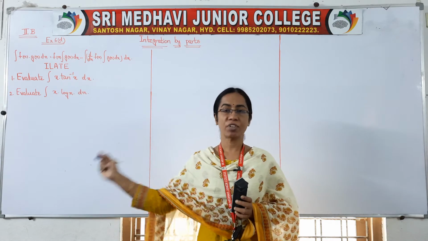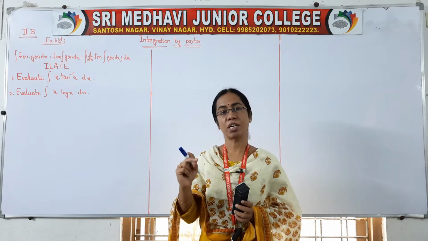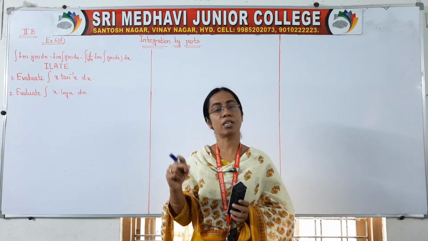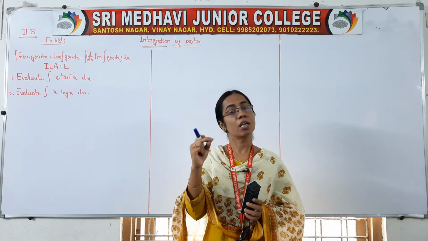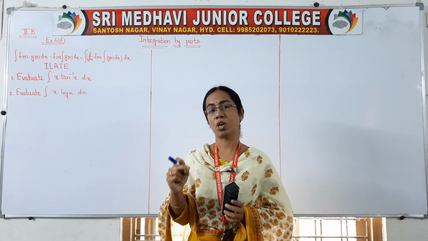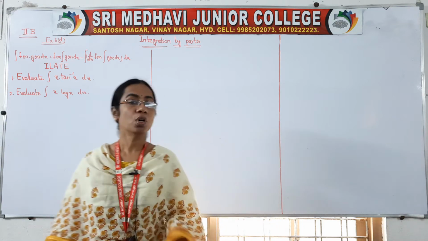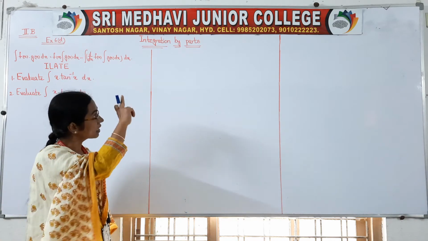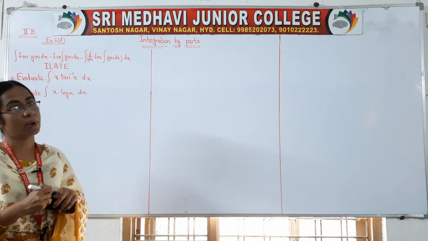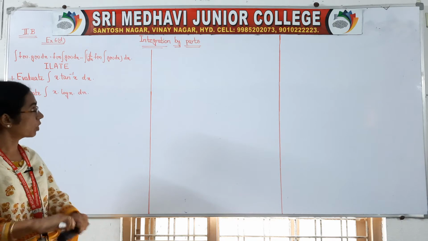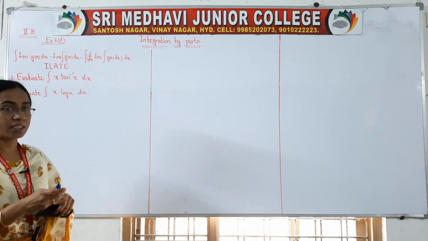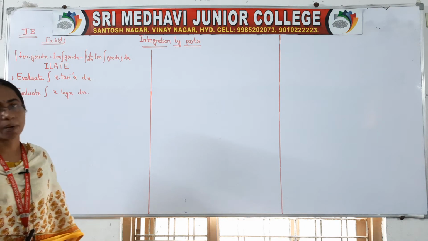In differentiation you know the product form, d by dx of u into v. Similarly, in integration, if the two functions are in multiplication form, how do we solve the integration? That is called integration by parts.